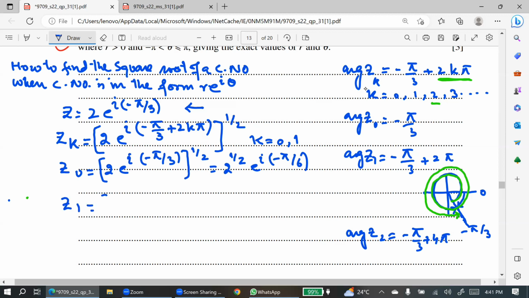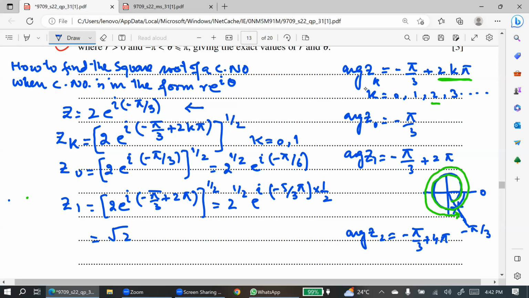Z1 is equal to 2 e raised to iota minus pi by 3 plus 2 pi, power 1 by 2, is equal to 2 power 1 by 2 e raised to iota minus 5 pi over 3 into 1 by 2. And the final answer is under root 2 e raised to iota minus 5 pi by 6. These are the two square roots.